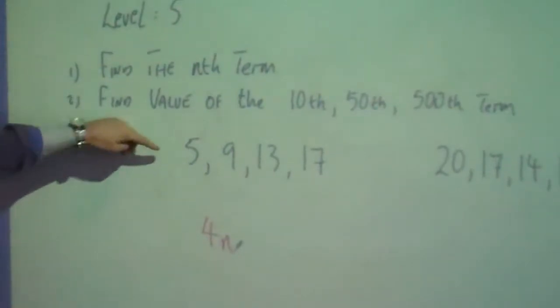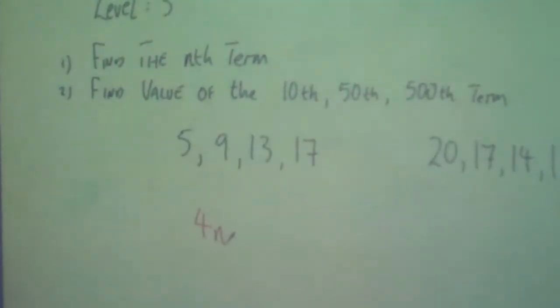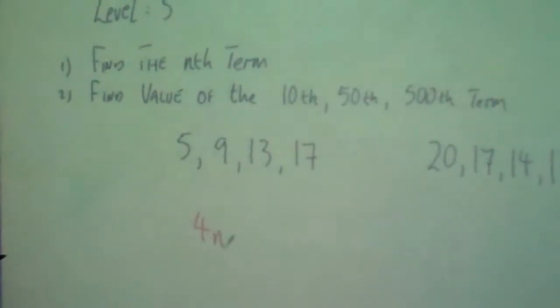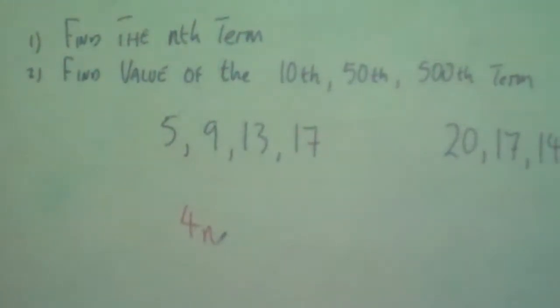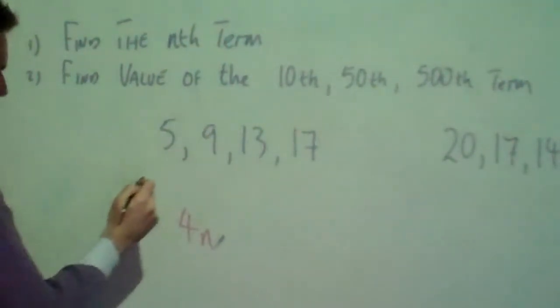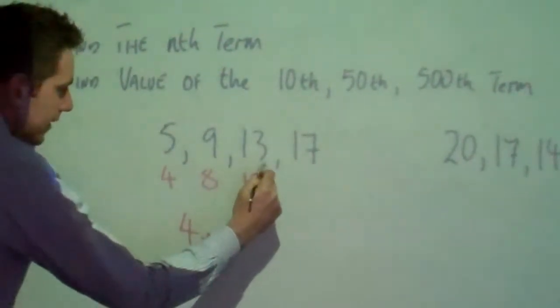Now, this sequence, 5, 9, 13, 17, is essentially a version of the 4 times tables, but it's just a little bit different. So we're going to write down the 4 times tables underneath our sequence.